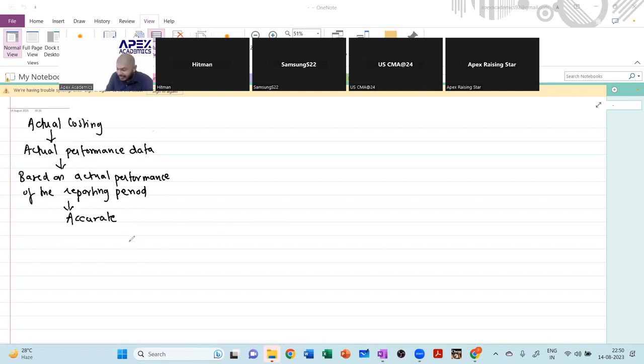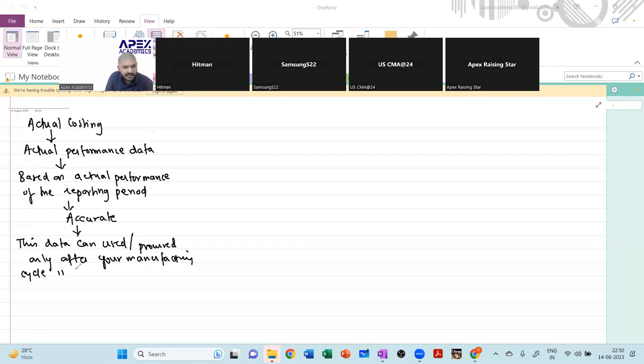Next, it is used only after the manufacturing cycle is done. This data can be procured only after your manufacturing cycle is completed.